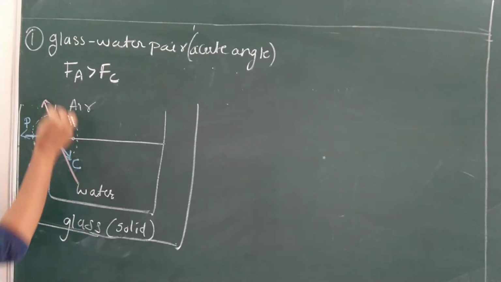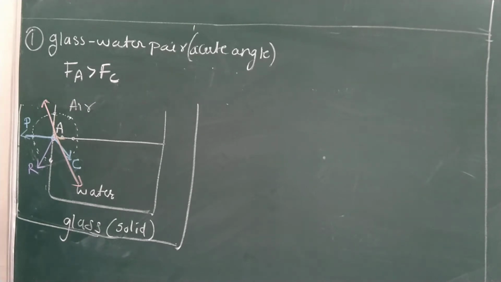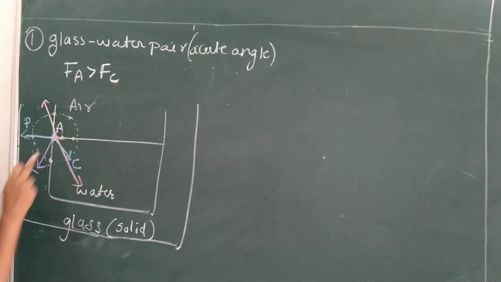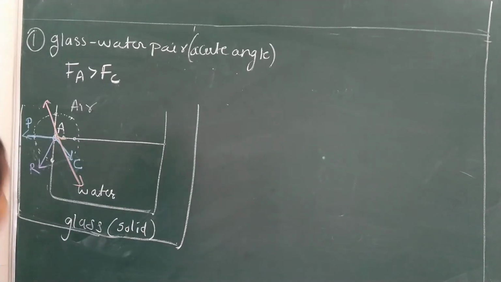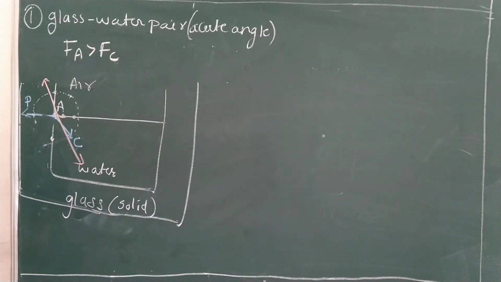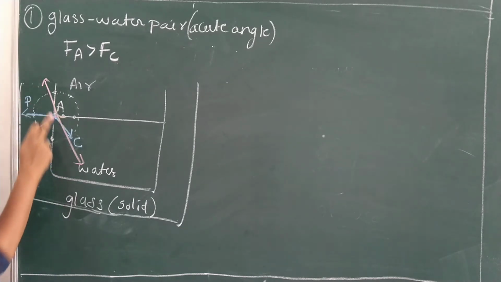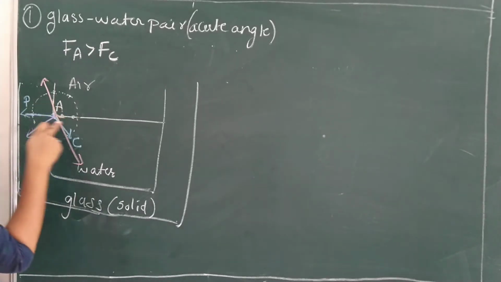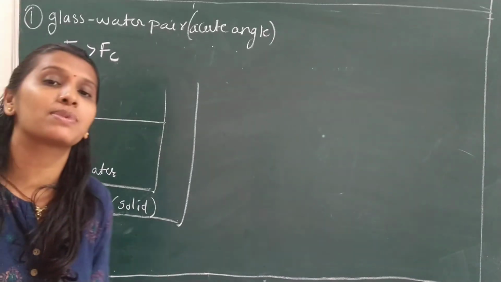To maintain the stability of your liquid surface, always remember this AR component should always be perpendicular to this tangent drawn on the surface of your liquid. If it is so, then your liquid will be stable, in the equilibrium state.